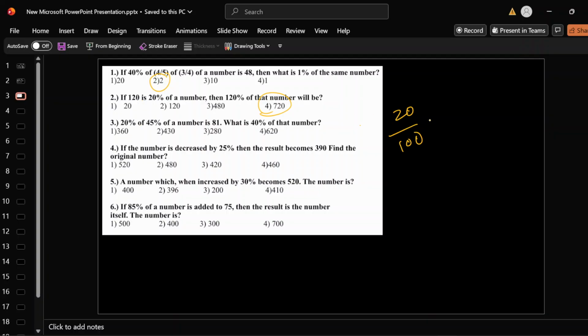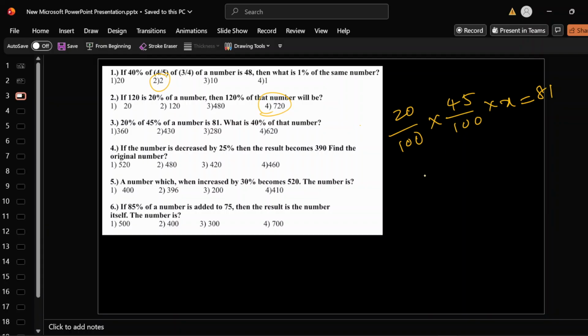"Of" means into. 45% means 45 by 100 of a number. We don't know the number, so let us assume the number to be x. That means it is equal to 81.